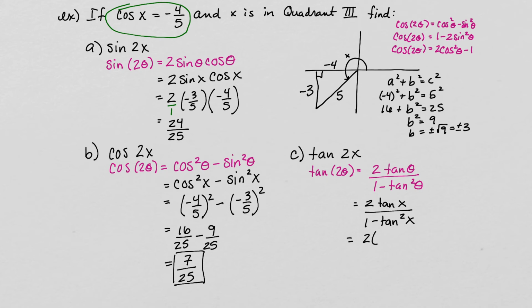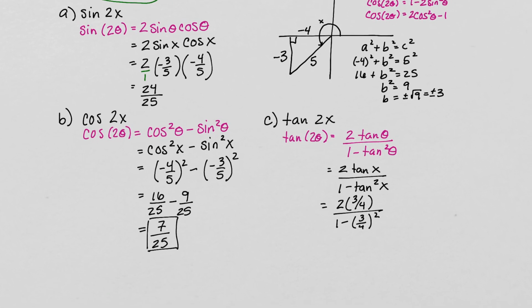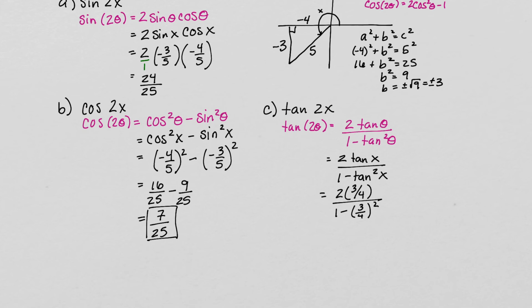So we have 2 times 3/4 divided by 1 minus 3/4 squared. I'm going to move this up and over a little bit, just so I have a little more room. So on the top here, 2 times 3/4 would give us 3/2. So I have 3/2 divided by 1 minus 9 over 16.